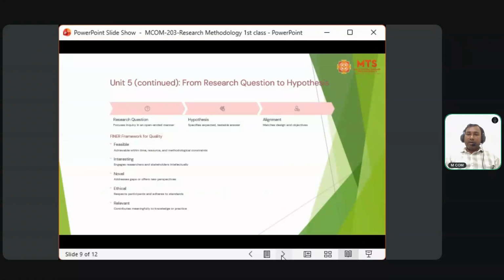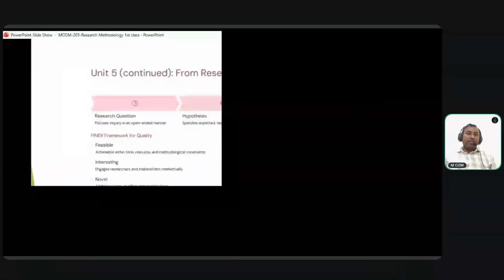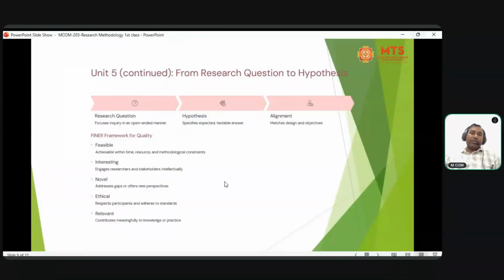First, research questions and then hypothesis and alignment. First, then feasible. The research question focuses inquiry in an open-ended manner. Hypothesis specifies the expected testable answer, and alignment matches design and objectives.